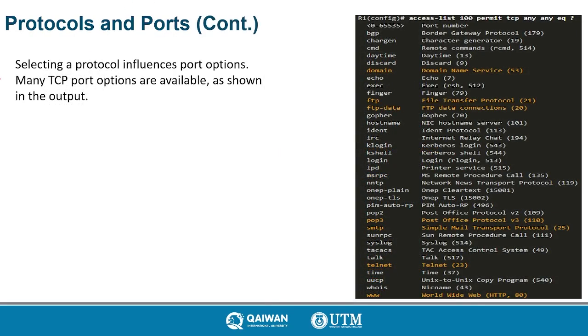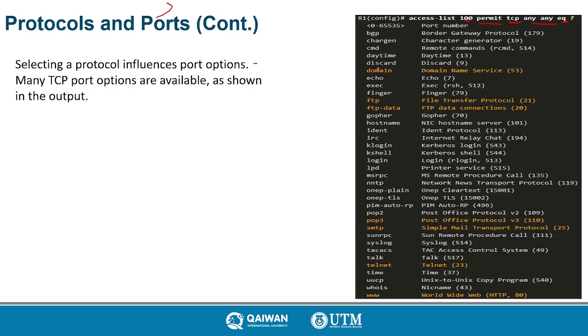So, protocols and ports continued, and also selecting the protocol influences the port option. Okay, so here it says access-list 100 permit TCP any, equal to, and then this one.